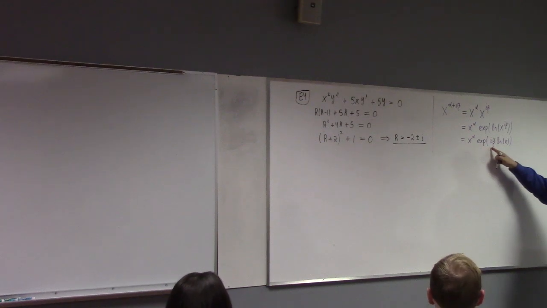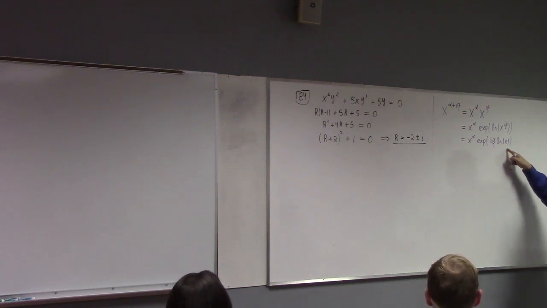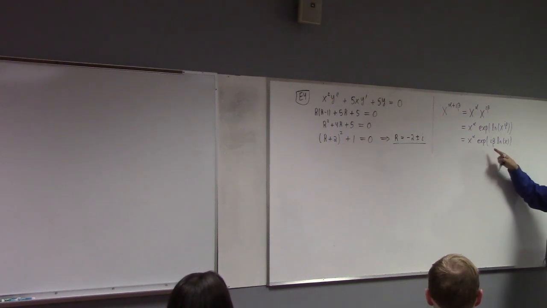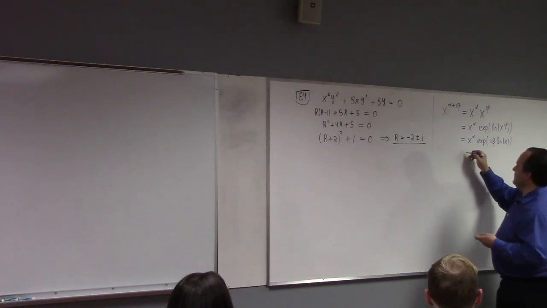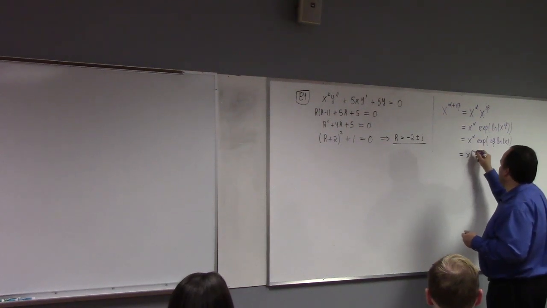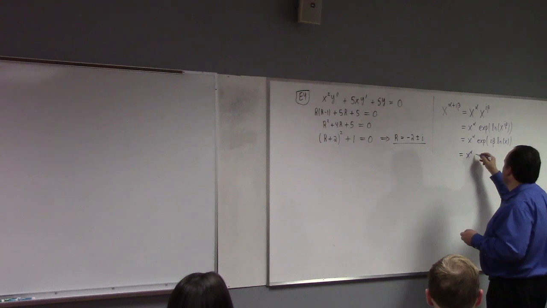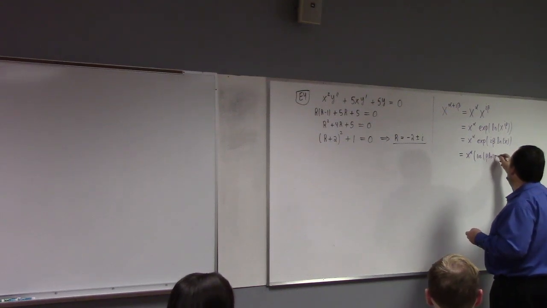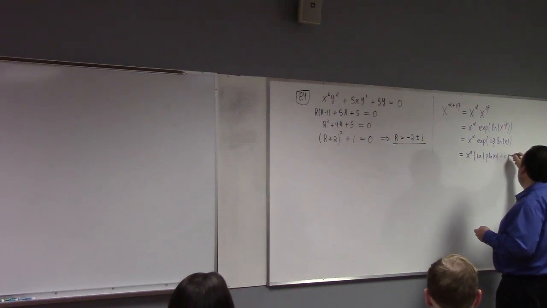But so what this means, of course, is that we just drop back to our Euler identity, which says an imaginary exponential can be written in terms of sines and cosines. So you could take the thing I'm about to write as actually the definition for our purposes here, which is that it's x to the alpha times cosine of beta log x plus i times the sine of beta log x.